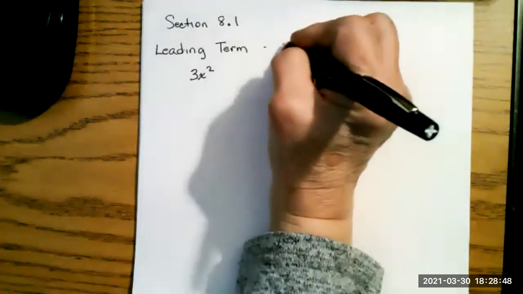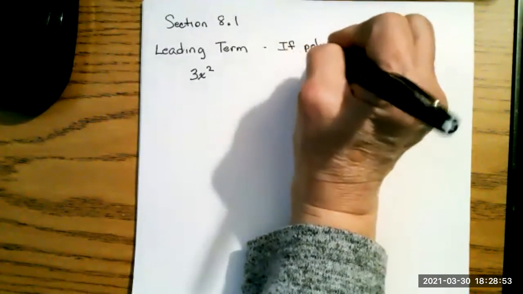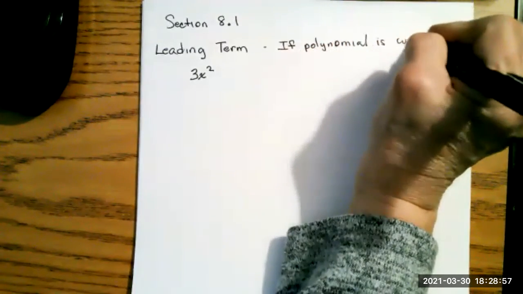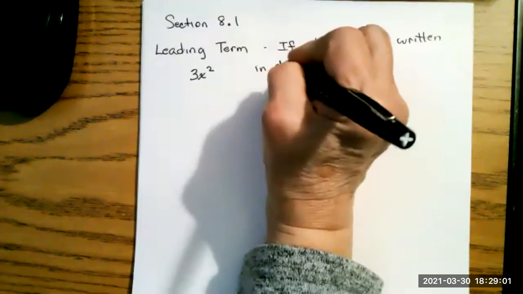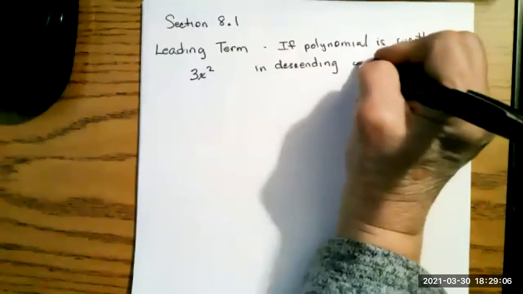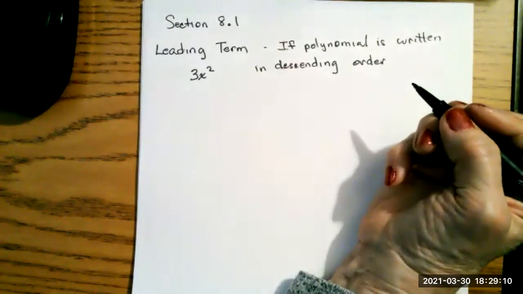And when your polynomial is written in descending order, descending order means that you've got the top exponent first.